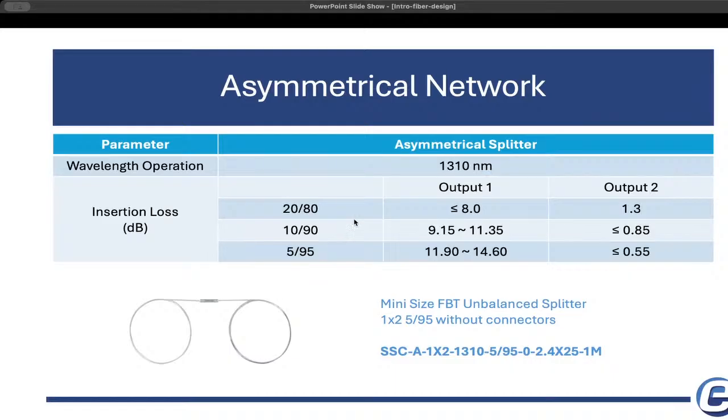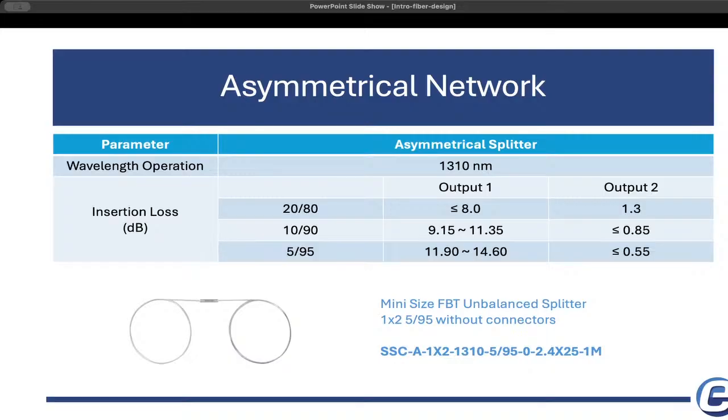This is the loss on the asymmetrical splitter. You have your insertion loss, and you have output 1 and output 2, each with its own loss.